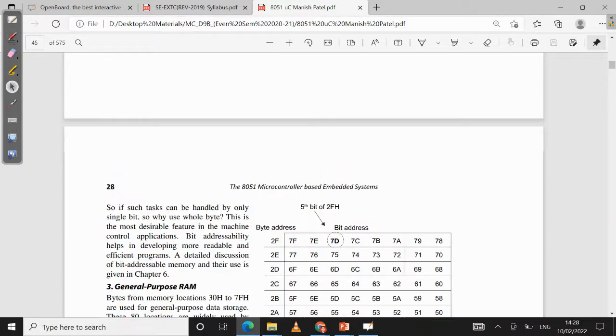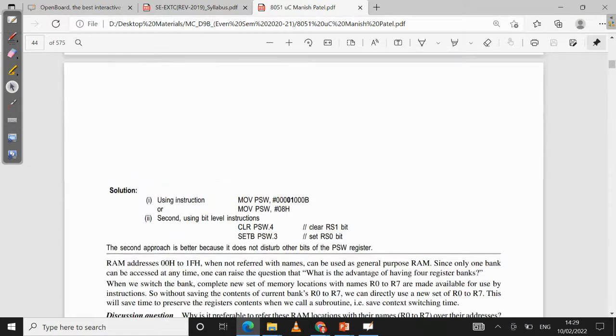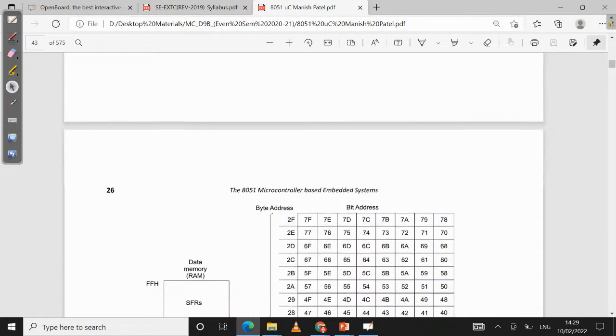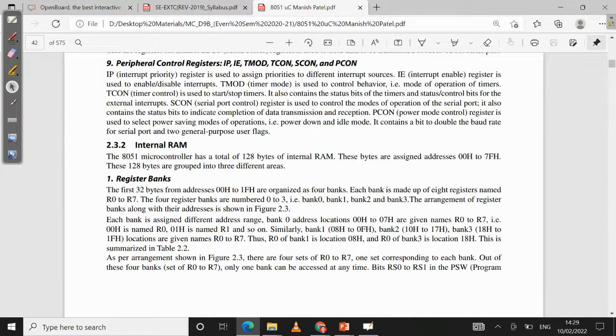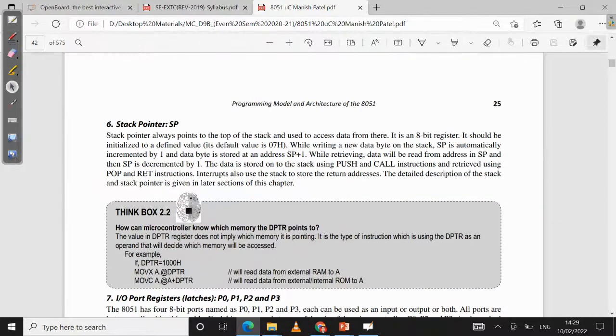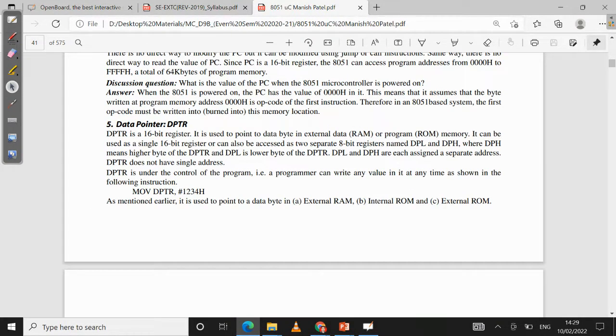Your concept should be clear, with no confusion at all. While explaining DPTR in association with memory, I already told you the concept of DPTR and where we can use it. It is clearly mentioned here: DPTR is used to point to the data byte in external RAM, internal ROM, external ROM.